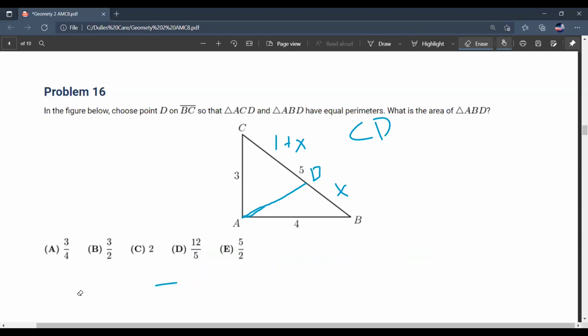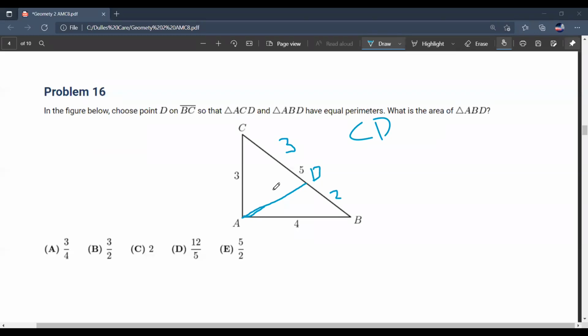Yay! So that's very nice. So we get 2, and we have 3. So now we want to find the area of ABD.